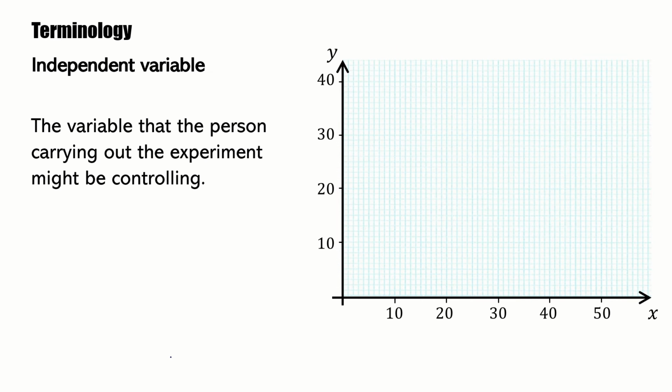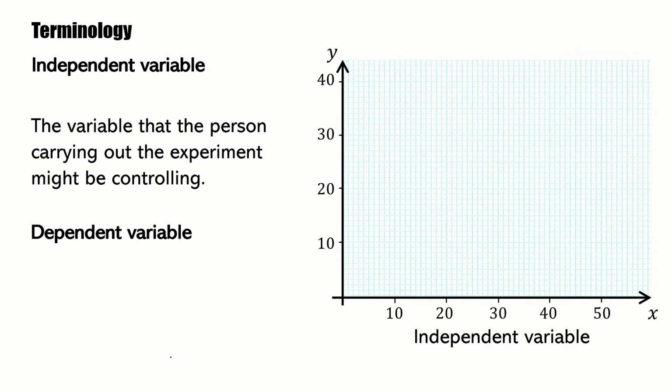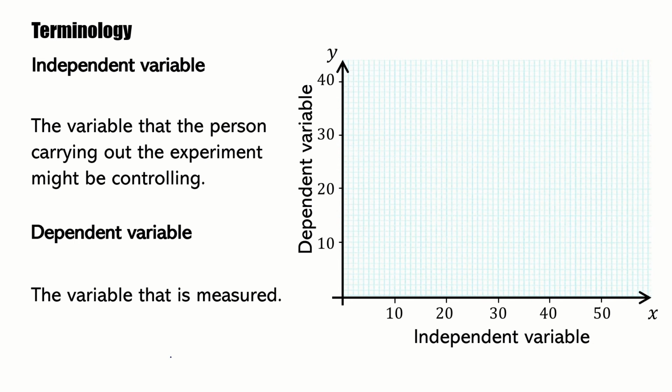The independent variable is then usually plotted using the horizontal axis on your scatter graph. We also need to know what a dependent variable is, and hopefully you're aware that that is the variable that's measured then based on the independent variable values that were chosen. The dependent variable is then usually measured on the vertical axis. These two things also do have alternative names.